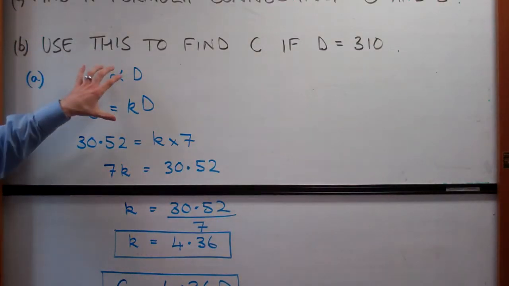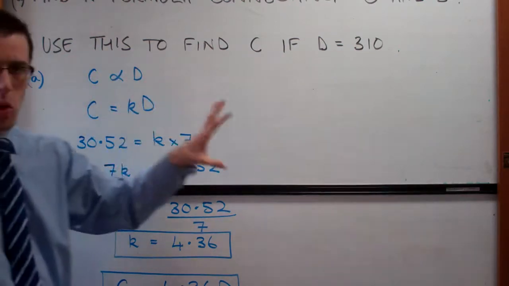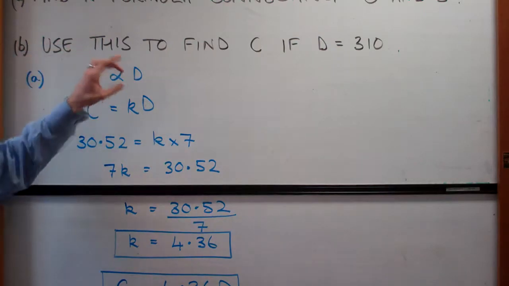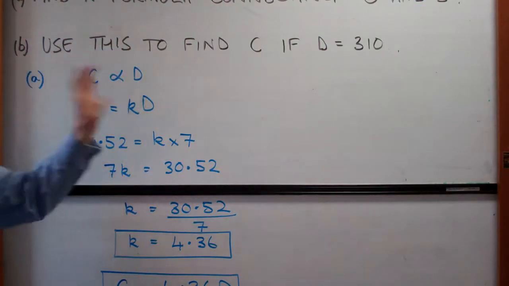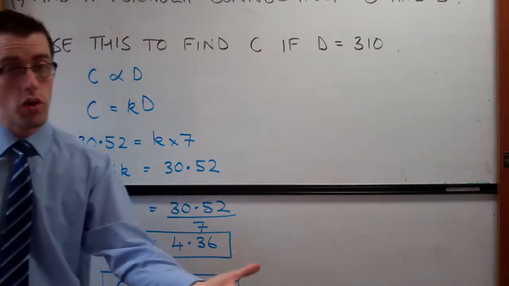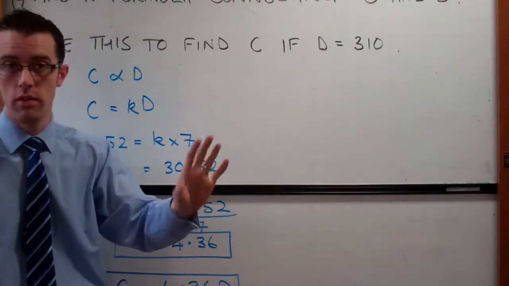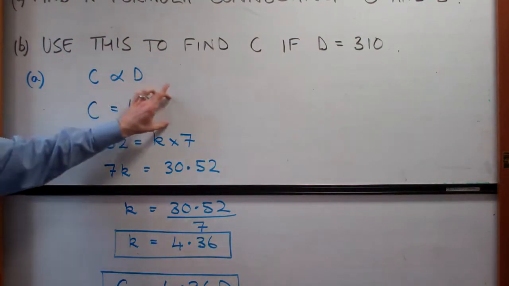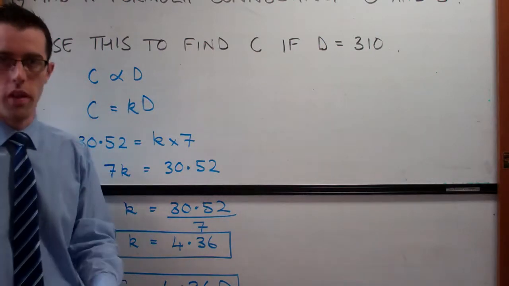This bit, sometimes people find a little bit of problem with because it's really new. Okay, so if we just remember that this first line, all we're doing is we're writing out C varies directly as D, because later on it could vary in a different way. Alright, so this means C varies directly as D, and then this statement here allows us to start opening up into an equation.